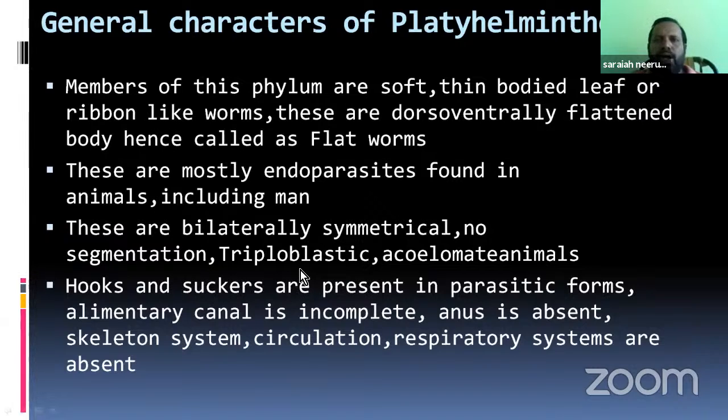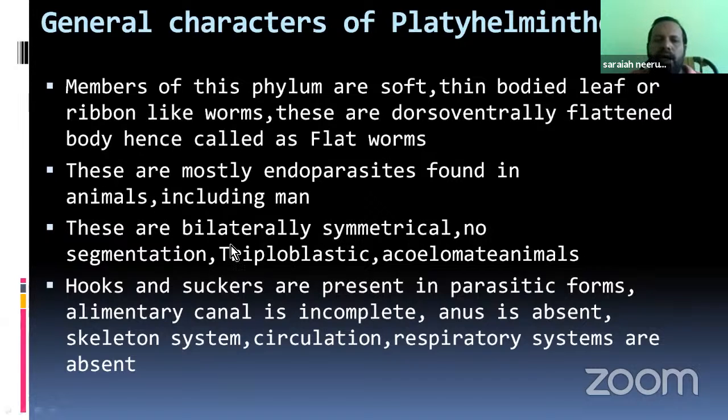Triploblastic. Flatworms are triploblastic in nature. Triploblastic means that in the embryonic stage of the animal's life cycle, three primary germ layers are present: ectoderm, endoderm, and mesoderm.